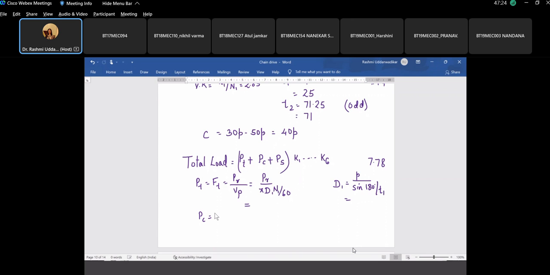The centrifugal tension, PC, what we call FC or TC. This is giving you the formula. Weight per unit length of the chain, again given in the design data book, by g. Give me what is the weight per unit length of the chain given in the design data book.